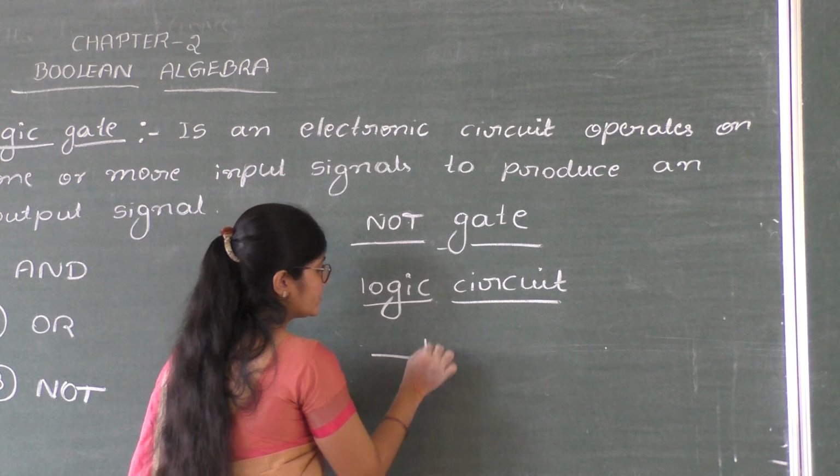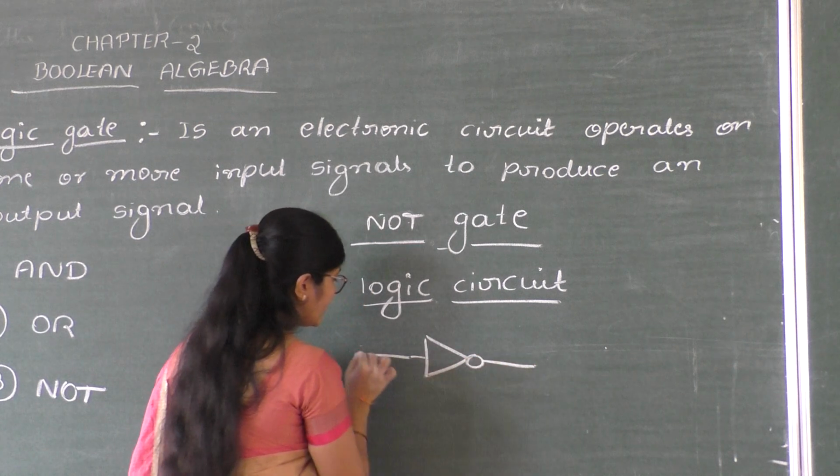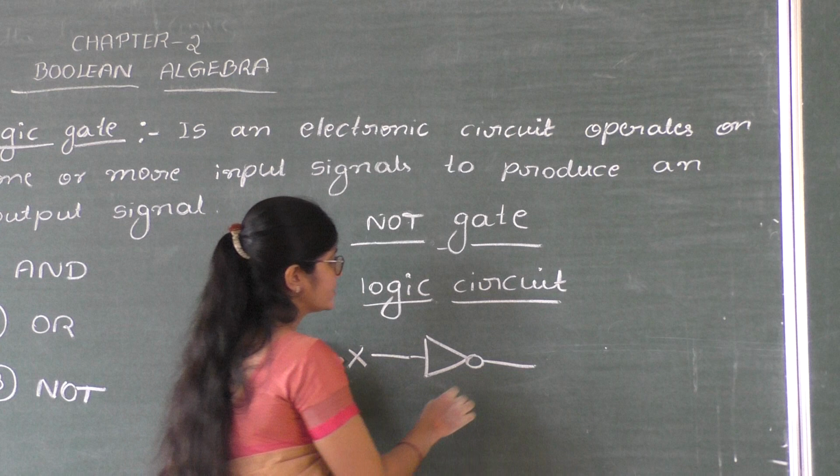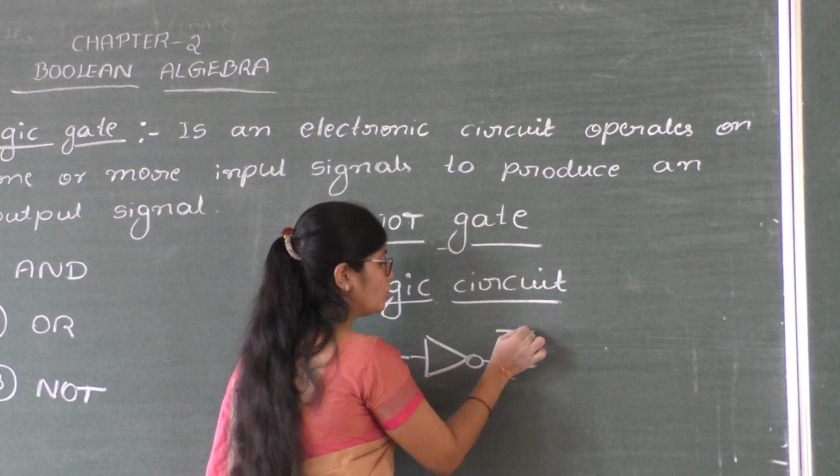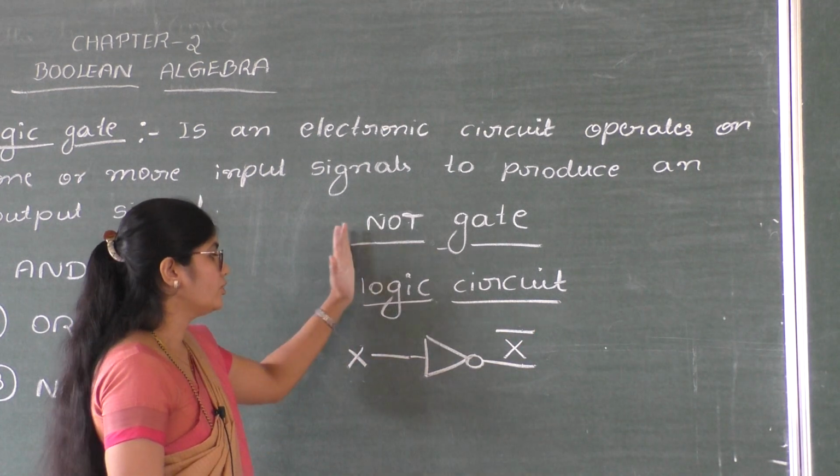The logic circuit is: if X is the variable, X bar is the output. This is the logic circuit of a NOT gate.